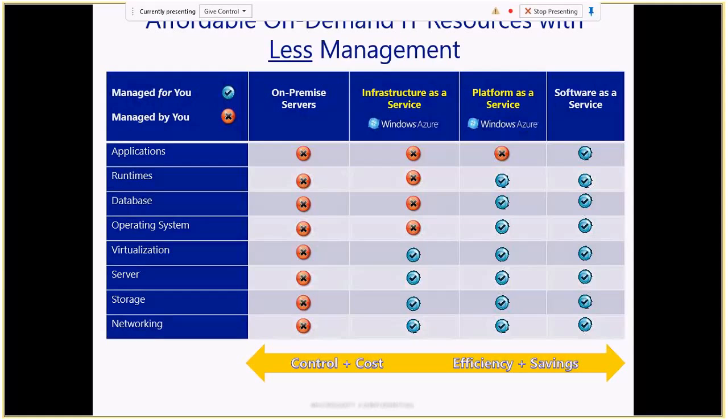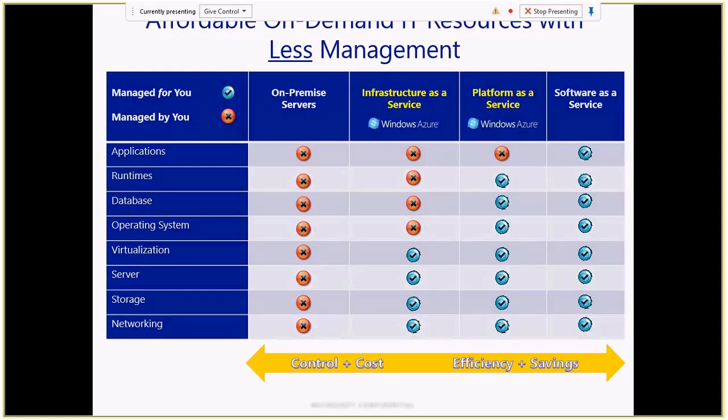We're the only company out there that's really got an offering in every single one of these silos. So we can allow you to start with on-premise, take your on-premise servers that you have today, and look at spinning them up within infrastructure as a service. You can also look at using websites or some of our multi-factor authentication services and running them as a true platform as a service, or you could go all the way full force with Office 365.